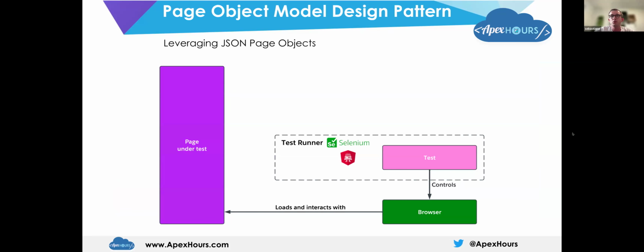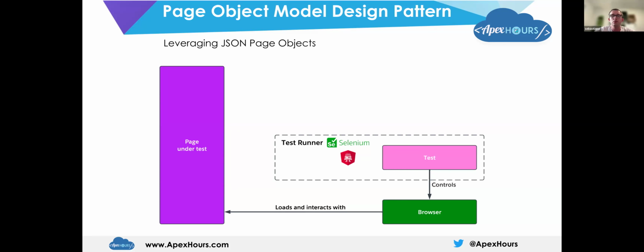You have some sort of test runner, be it Selenium, WebDriver, or something else. And your test code will somewhere include the respective selectors and identifiers for the UI elements that you want to click or interact with as part of your automated test. This will then control the respective browser interactions and help you test the respective page.